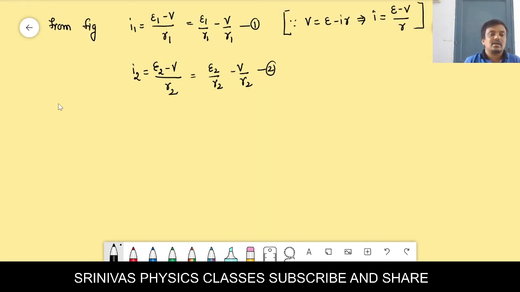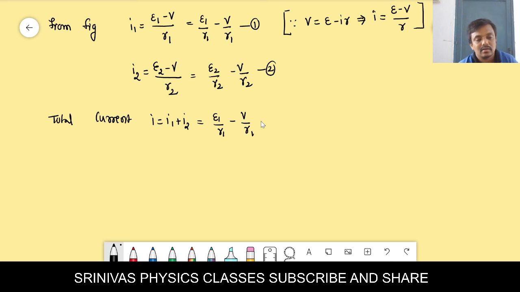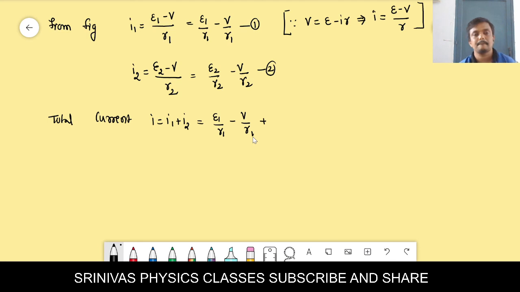But you will get the total current. From the figure we write I is equal to I1 plus I2. We can write here E1 by R1 minus V by R1 plus E2 by R2 minus V by R2.